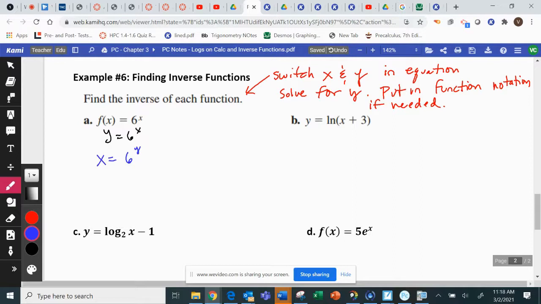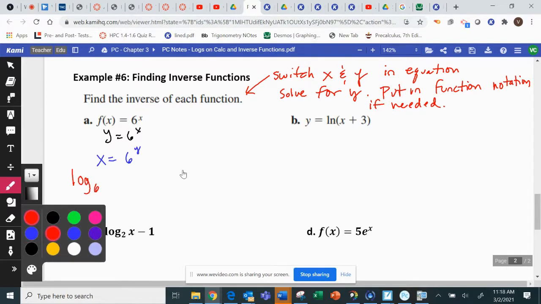So what is in my way? What is in the way of me having y by itself? The 6. But since y is an exponent, I have to cancel out the base of 6. What cancels a base of 6? Log base 6.